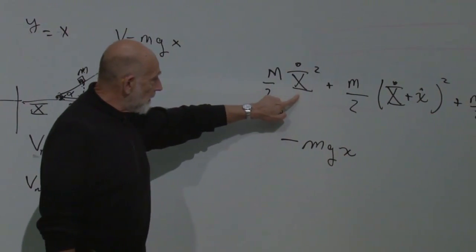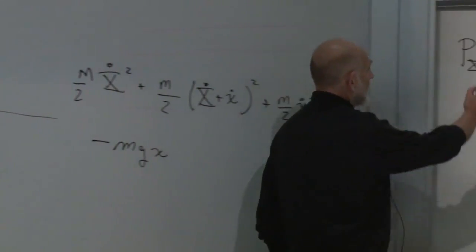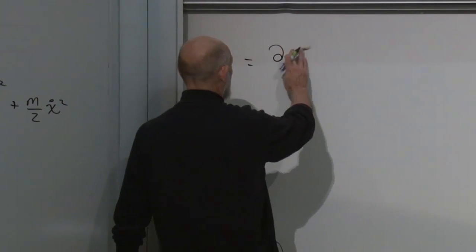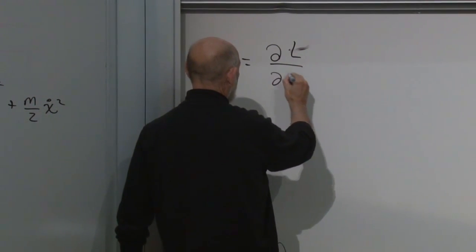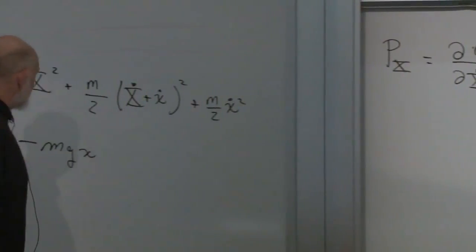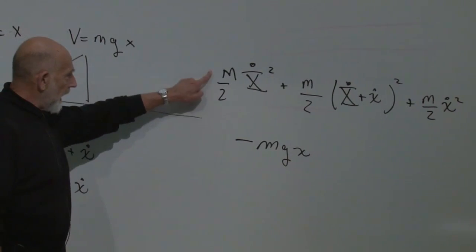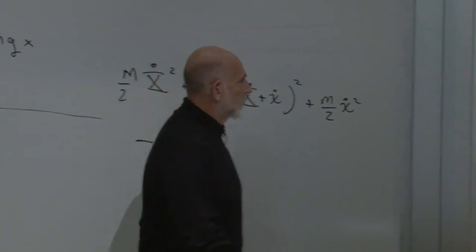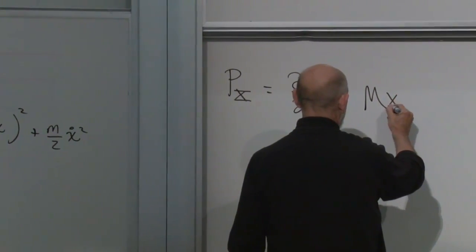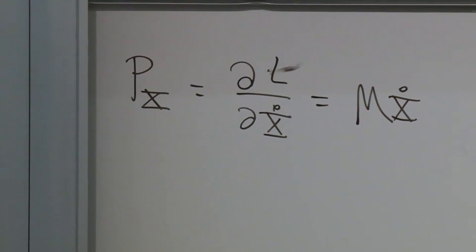The derivative of the Lagrangian with respect to capital X dot is P X, and what is it? It is capital M X dot, the thing, of course, that we expect, but then there's more to it.